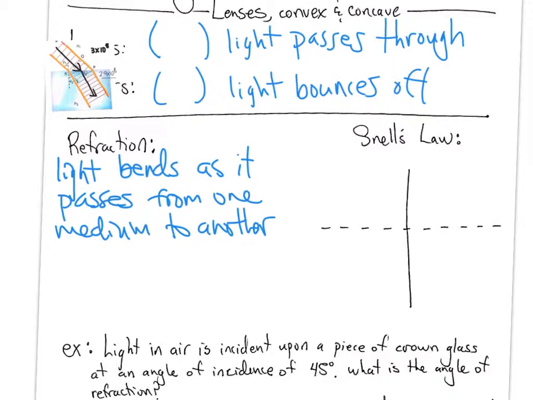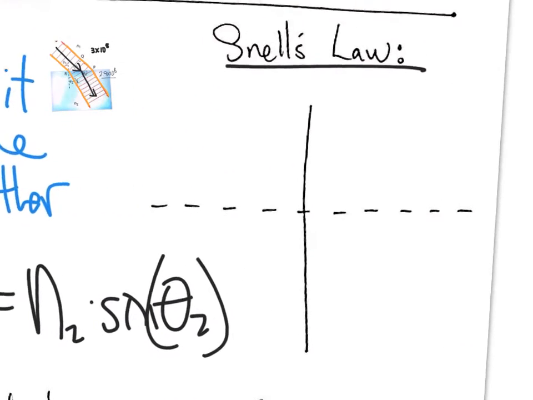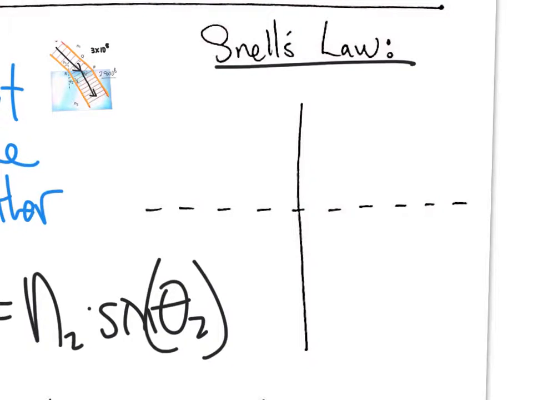There's a way that we can calculate this, called Snell's law, and here's the way it looks. n1, that's not an I, that's a 1, times sine theta 1 equals n2 times sine theta 2. So I'll explain what this means. We have 2 different media here. So let's say we're talking about something going from air into glass.